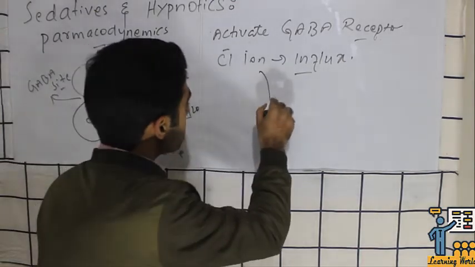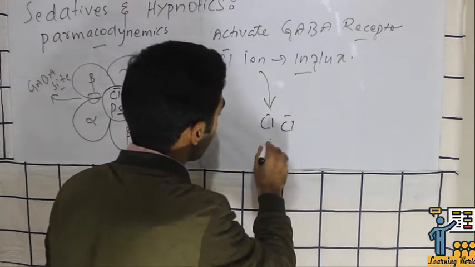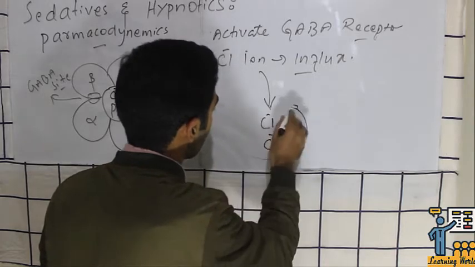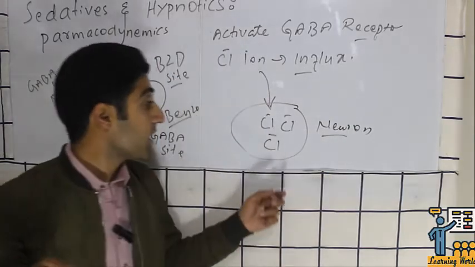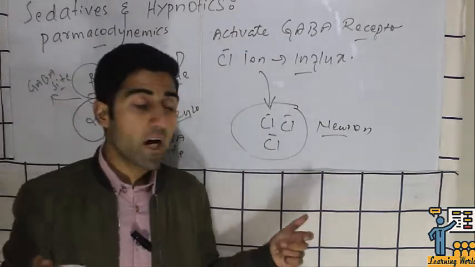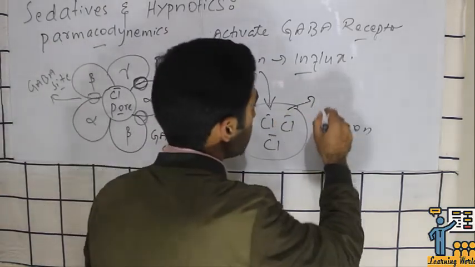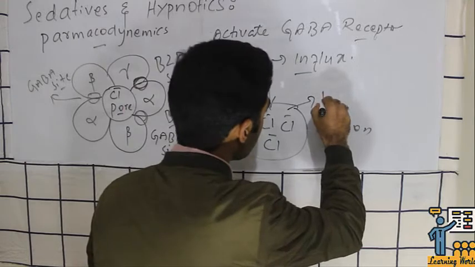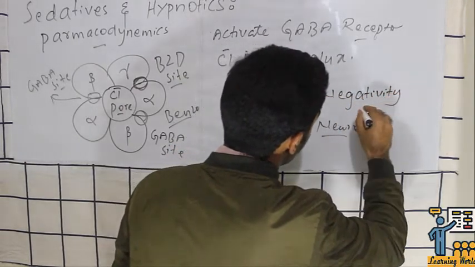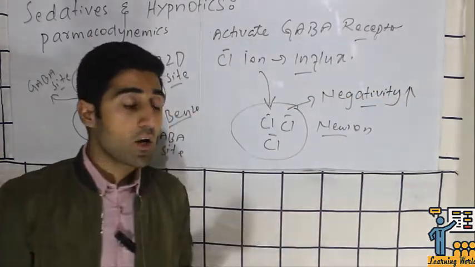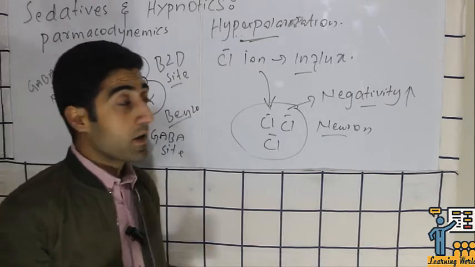When the chloride ions enter inside the neuron, for example, this is the neuron, the concentration of chloride ions, or negative charge, increases inside, causing negativity inside the neuronal cell. When the negativity increases inside the neuronal cell, there will be hyperpolarization.